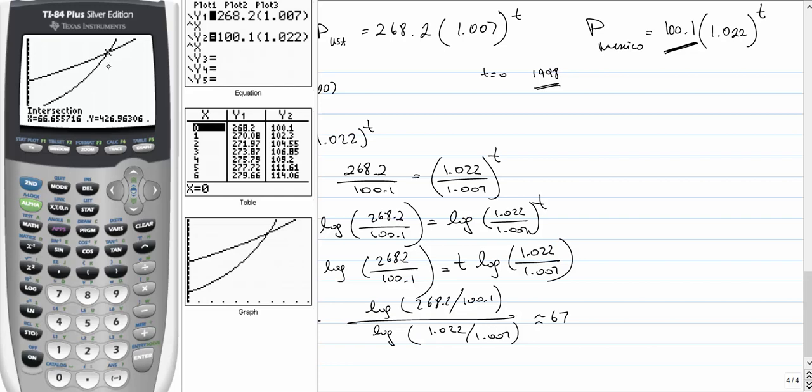And when it overtakes, you know, the bottom function is for Mexico. The population overtakes after t is 67, about 2065.